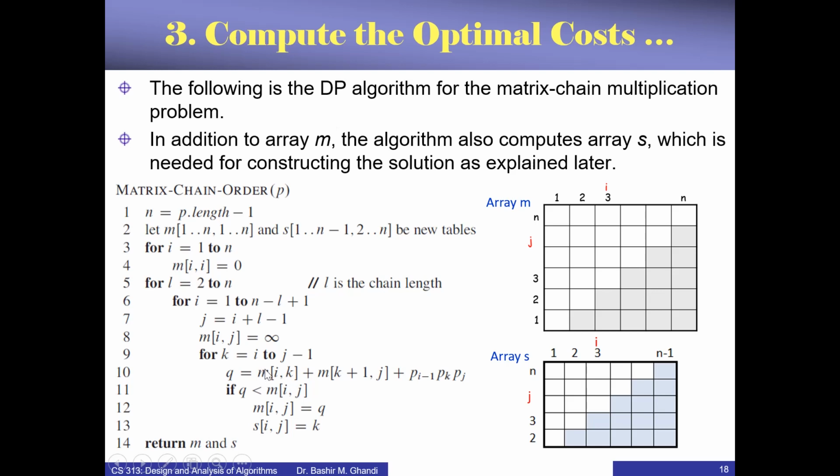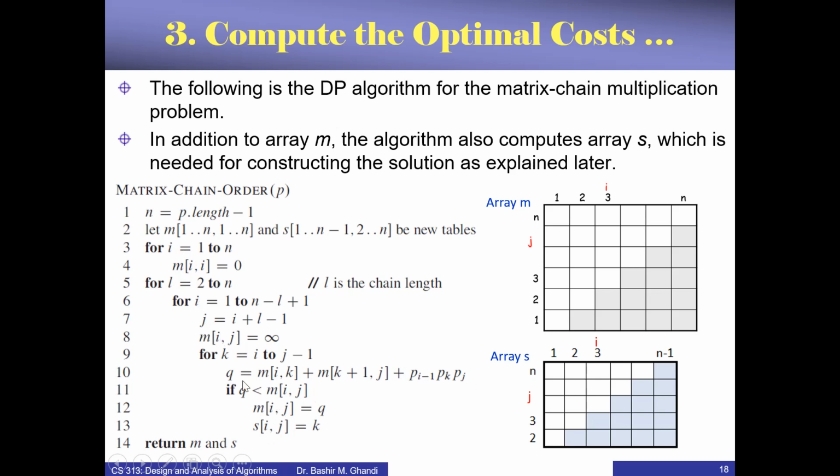But is it the minimum? We don't know, so we have to compare it. If this q is less than our current value of M, then store the q in M[i][j], update it, and also store the k in the matrix S[i][j].